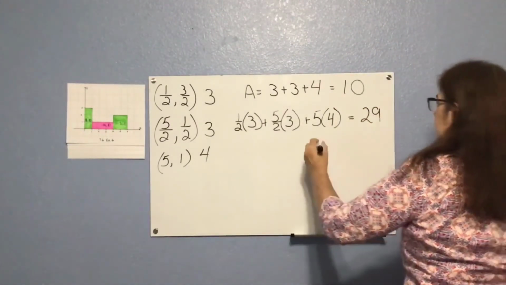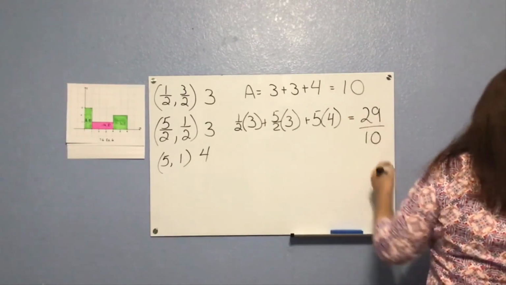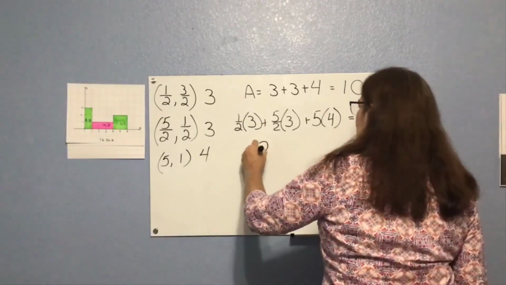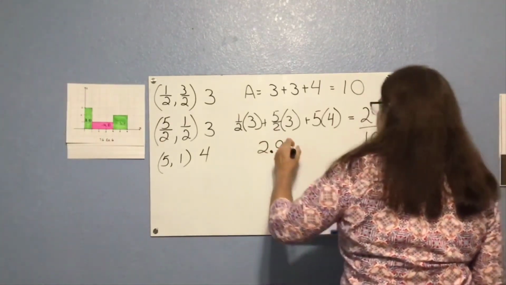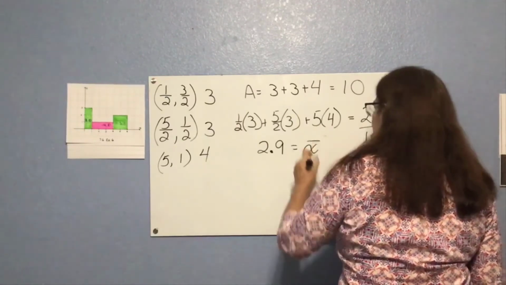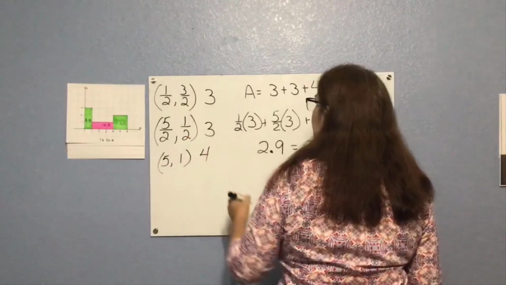I take the 29, divide it by the weight of 10, and I get 2.9. And this is my x bar. I can find y bar the same way using y coordinates.